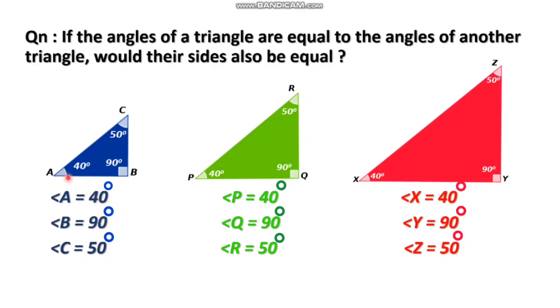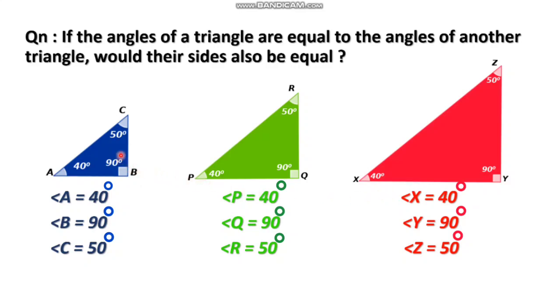Example, take side AB. AB is opposite of 50, and in triangle PQR and XYZ, PQ and XY are opposite of 50 degree. Are they equal in length? These three sides? They are not equal. They are different in length.